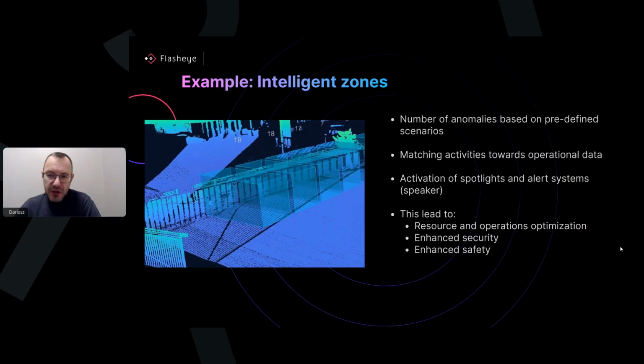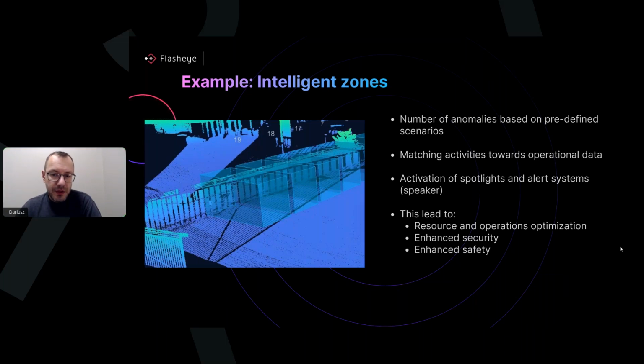Matching activities towards the operational data. This is something which is done, let's call it, behind the curtains, and only not normal data is presented to the operator. Activation of spotlights and alert systems can be done completely automatically based on the detection in a specific zone.